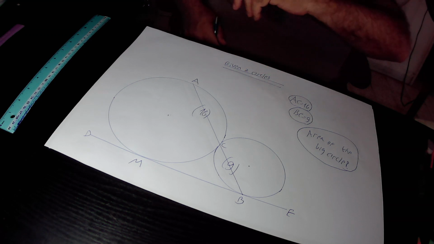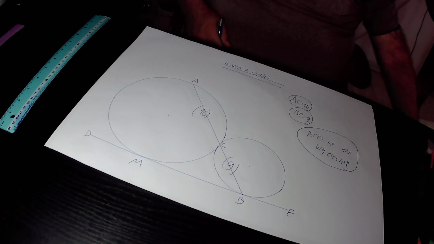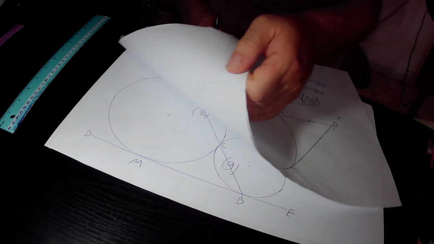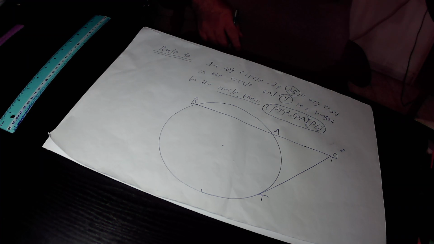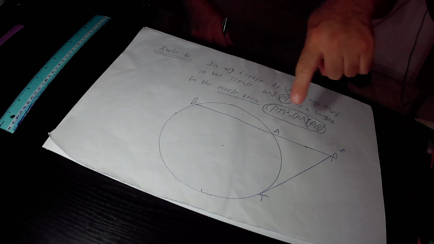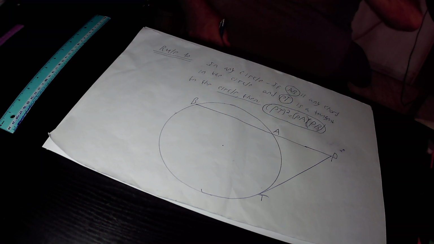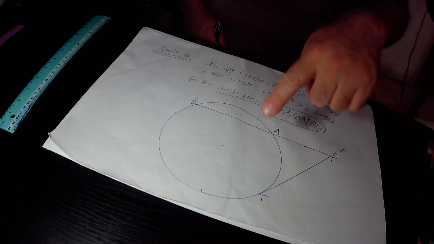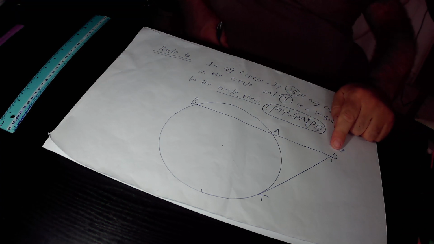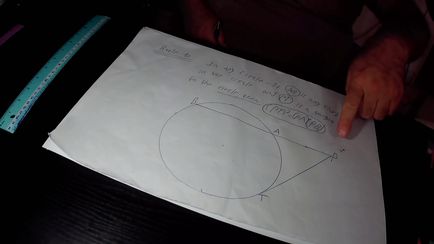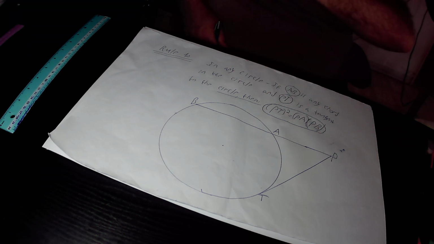So here we can implement rule 10. We'll repeat quickly rule 10. Rule 10 is true in any circle. In any circle, if AB is any chord, and PT is a tangent to this circle at point T, so from the common external point P, we have tangent PT, and we also have chord AB.